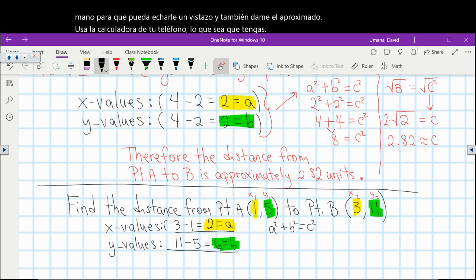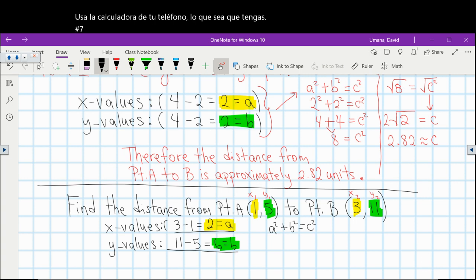And see if you can plug those numbers in and come up with an answer. Anybody have an answer yet? Plug it into your formula, set it up.